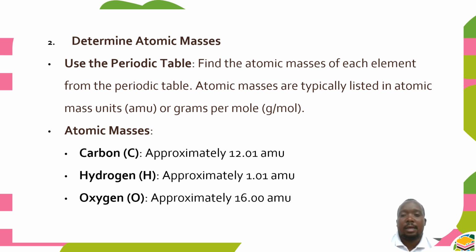Please take note of that. However, if you check the periodic table, some don't give rounded figures. For example, for oxygen, you can find that it is 15.99999. They were just rounding off the figure. Don't be surprised. But all in all, the periodic table will assist you in knowing the relative atomic masses.